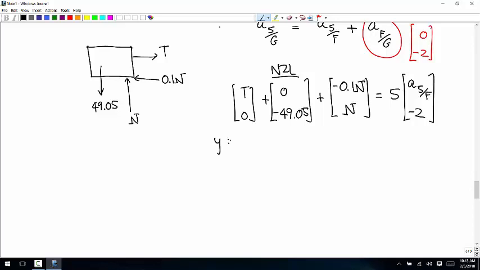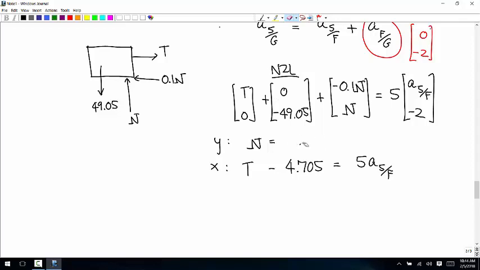So the y equation says N is equal to 47.05. So the x equation says T minus 4.705 is equal to 5 A5 relative to the floor. Oh, -10, thank you.